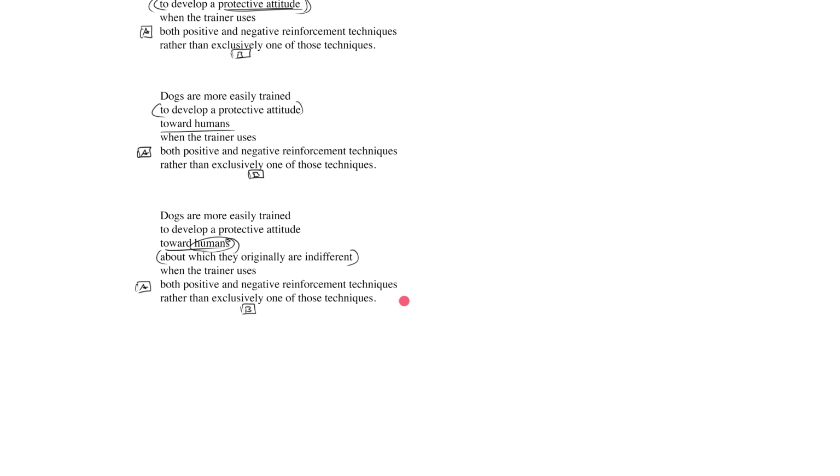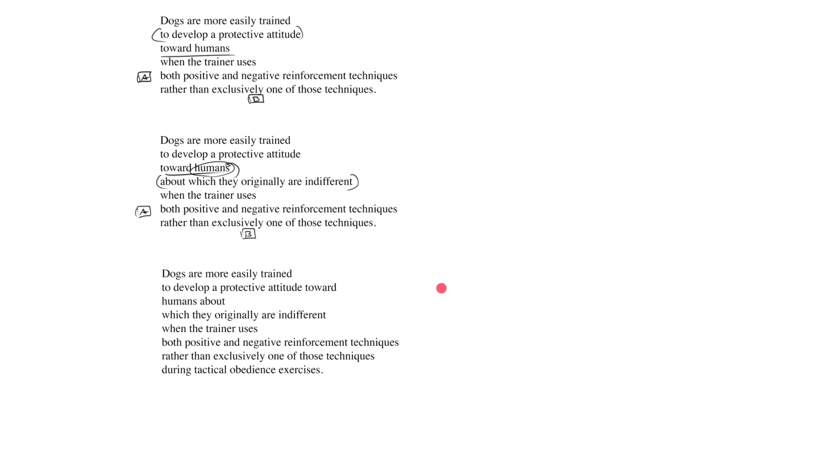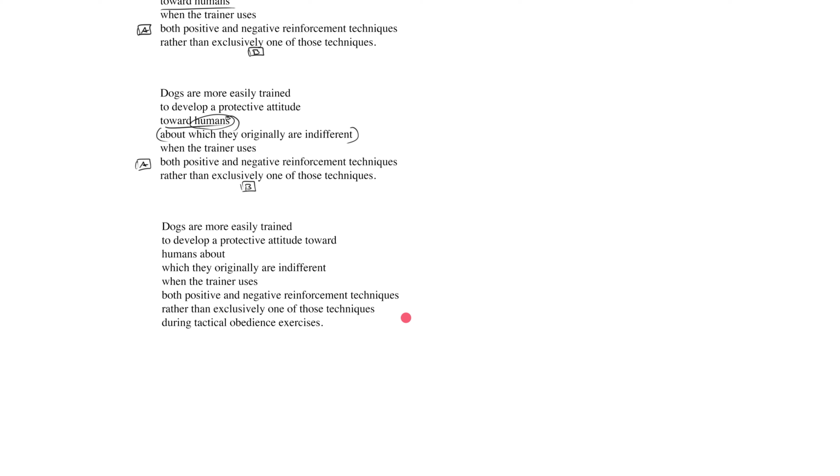Okay, and let's keep going. I know this feels like torture, but this is exactly the kind of thing you're going to get on the LSAT. I am not kidding. It does get this complicated and more so. Thankfully not every single question, but some of the hardest questions have grammar in excess of this level of complexity. So we add another layer. Everything stays the same. This time, we add a clause that reveals when these training techniques are being used.